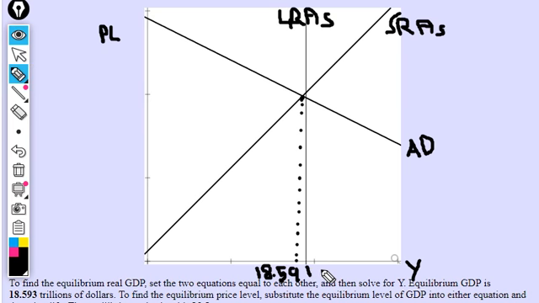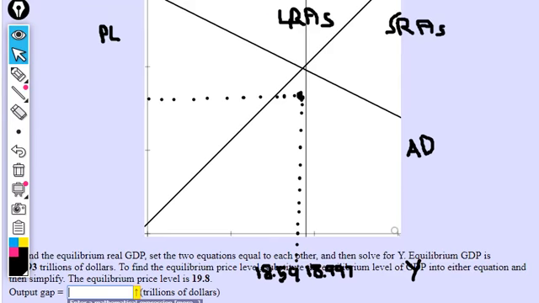So long run aggregate supply is 18 point, what did I say, 997? The price level is 19.8, right?